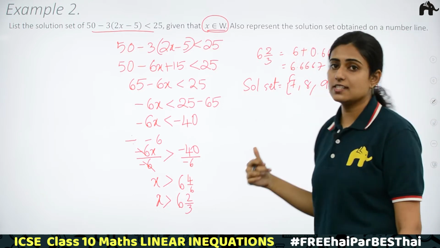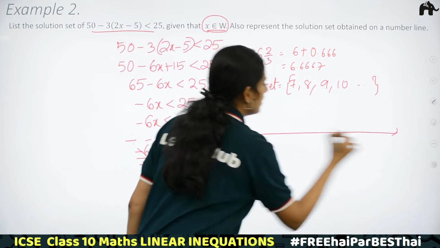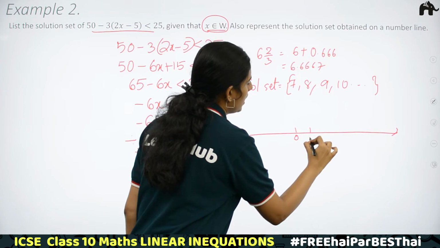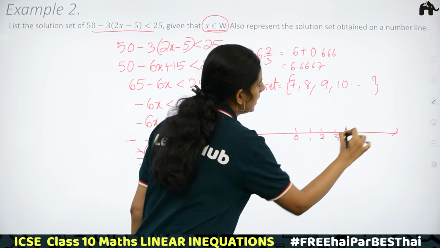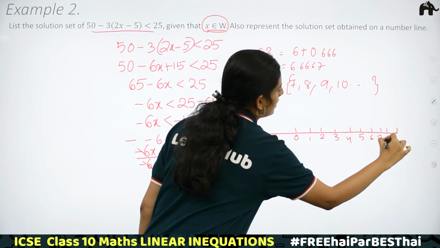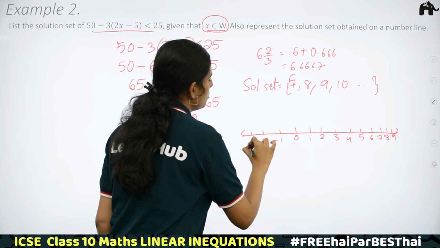Now, we can represent this on the real number line. Draw a number line. Mark points 0, 1, 2, 3, 4, 5, 6, 7, 8, 9, minus 1, minus 2, minus 3.